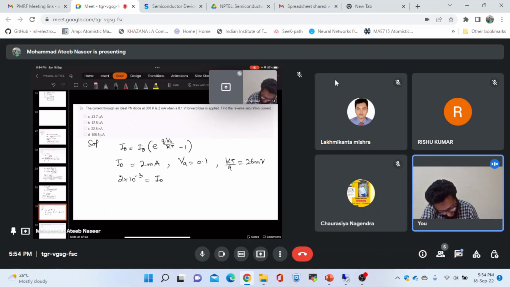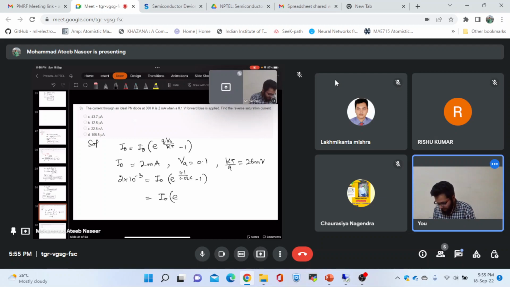This will simply be exponential of 0.1 by 0.026 minus 1. So if I solve this on my calculator, it will be I naught exponential of 0.1 divided by 0.026.